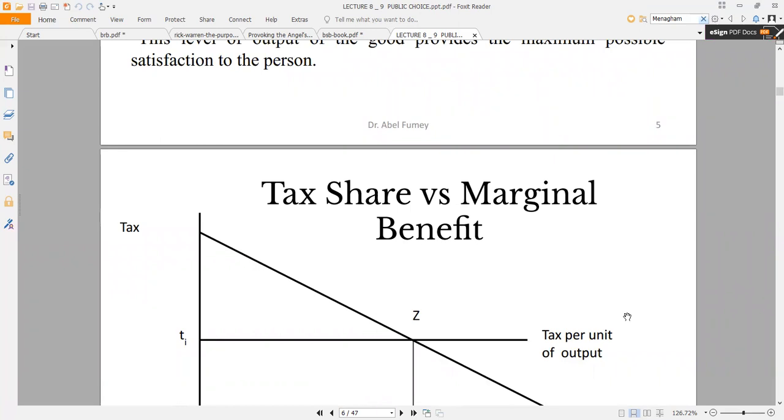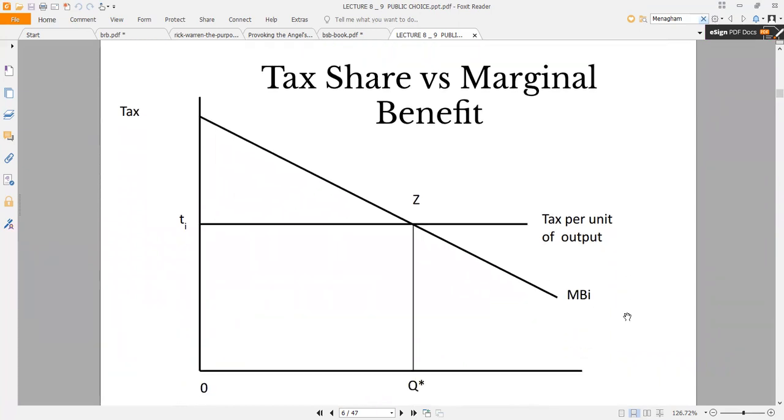We all try to choose a particular quantity that will help us get the highest benefit that we can get from that public good. So let's look at the tax share versus the marginal benefit. This straight line here, the TI, is the tax share for individual I. There's a particular public expenditure for that quantity of output that can be produced. So your tax share should be equal to the marginal benefit.